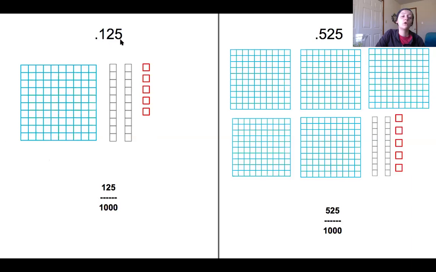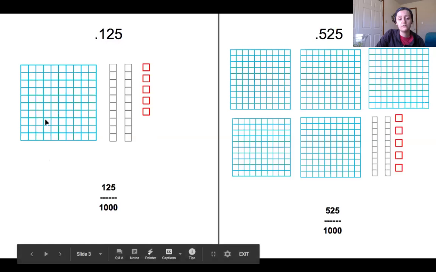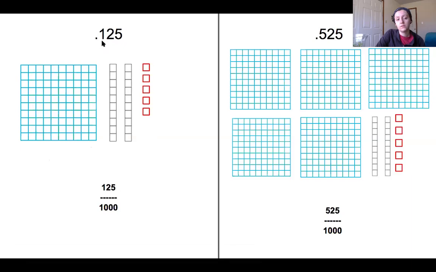So for 125 thousandths, or 125 over 1,000, I drew one flat, because that represents my tenths place. I have 1 in the tenths place. I drew 2 longs because I have 2 in the hundredths place. And I drew 5 of these single squares because I have 5 in my thousandths place.